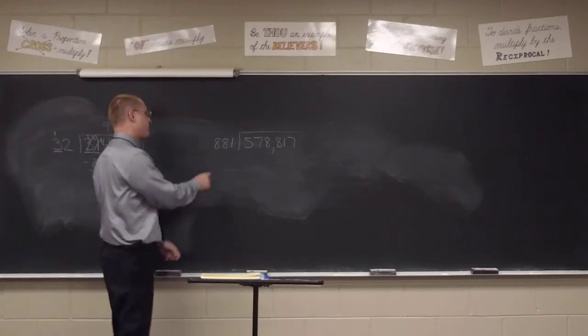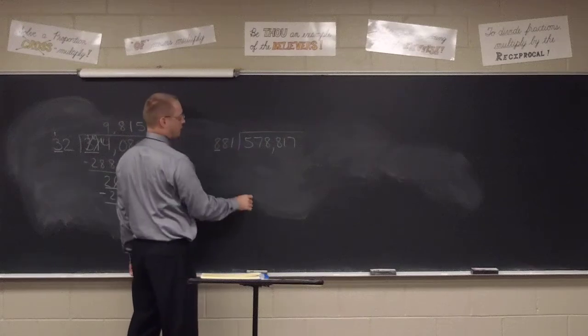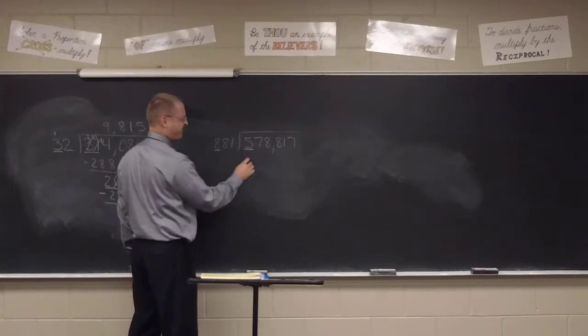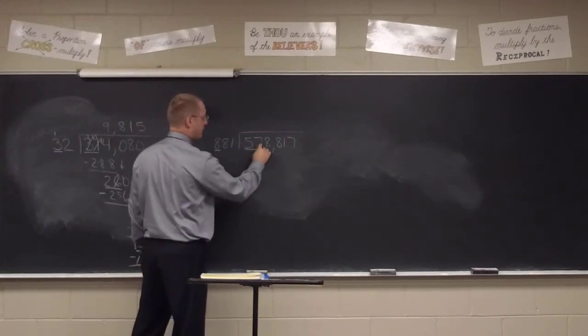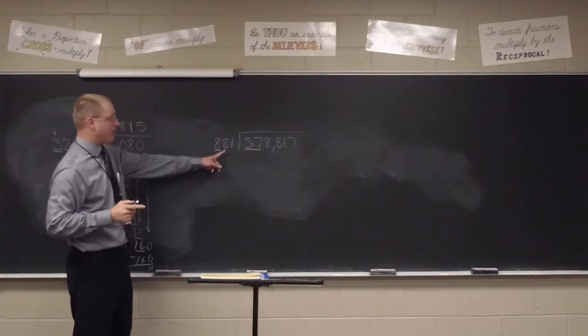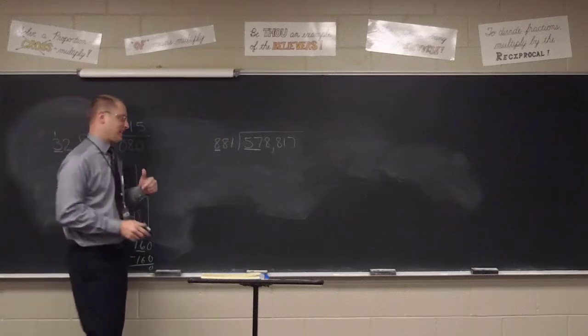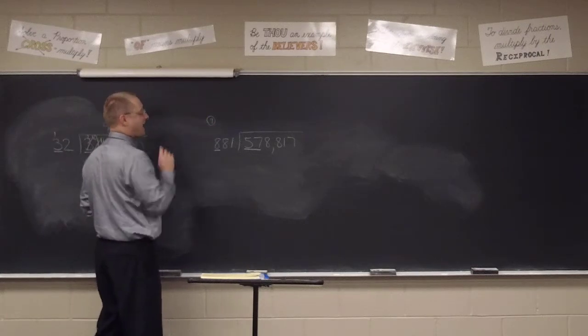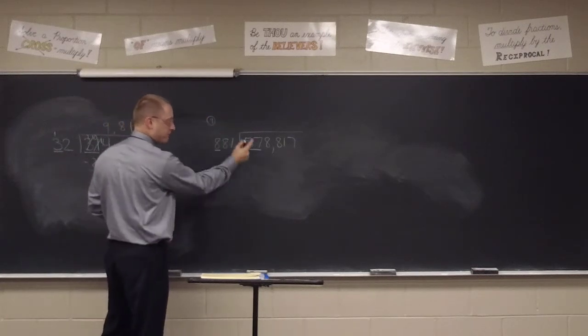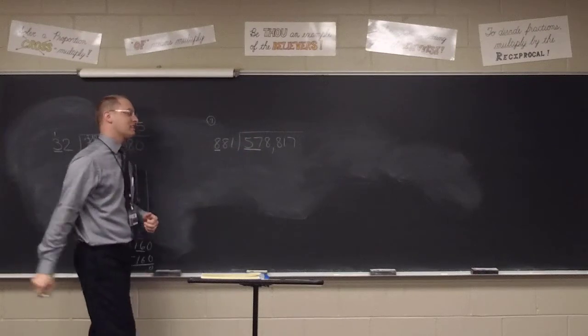I only look at my first digit. And over here, I just look at my first digit. But because there's an 8 right after this 8, I'm really gonna be thinking, class, 9. How many times does 9 go into 57? And the answer is 6 times.